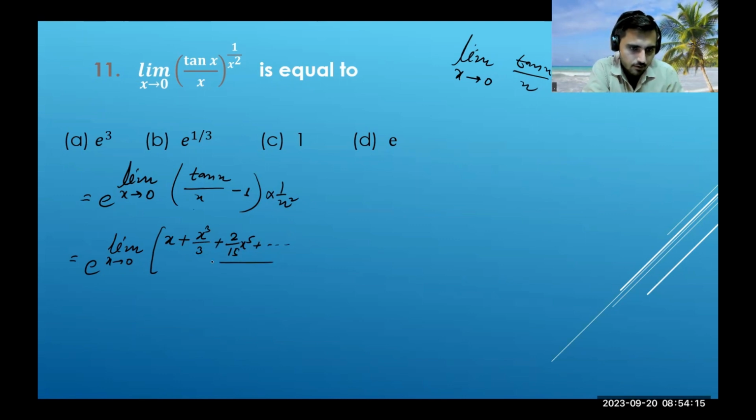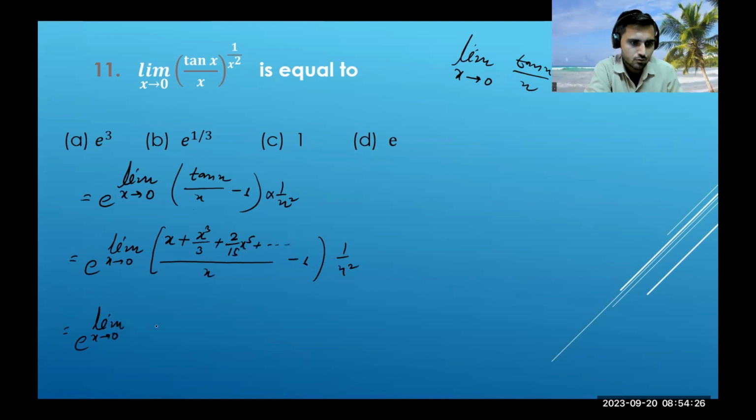We have here x, and we'll take minus 1, and now x square. So e raised to the power limit x tends to 0. Now we are going to neglect higher powers because we have limit x tends to 0. So we'll substitute x equal to 0, then those will become 0. So now we are going to neglect them.